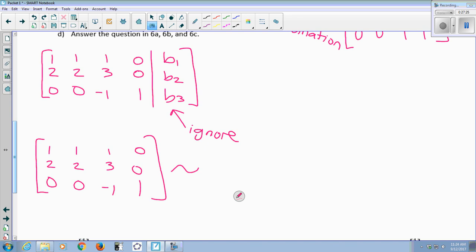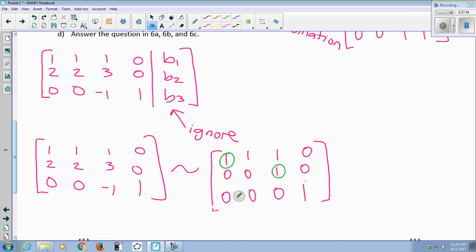And I get 1, 0, 0, 1, 0, 0, 1, 1, 0, and 0, 0, 1. So I have pivot, pivot, pivot. So regardless of what's augmented over here, regardless of what happened to these numbers when I did all my work, this will be consistent.